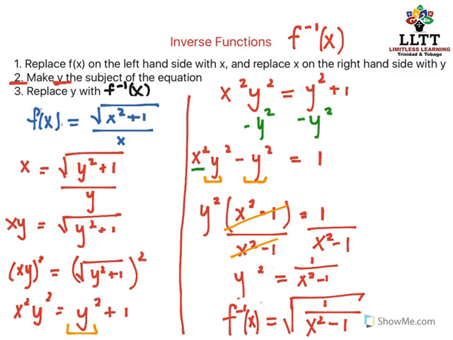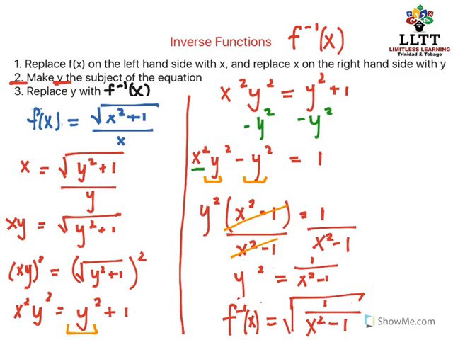So just to recap, in this lesson, we talked about inverse functions. Basically, when we did functions in the beginning, it moved us from our domain to our range. If we want to move back from our range to our domain, we're going to need to use the inverse function.